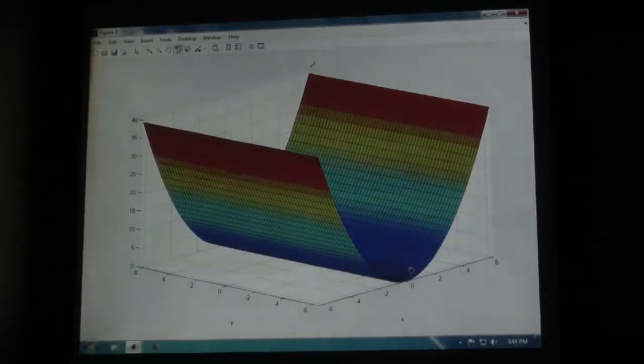There are a lot of weird things that can happen in 3 dimensions.